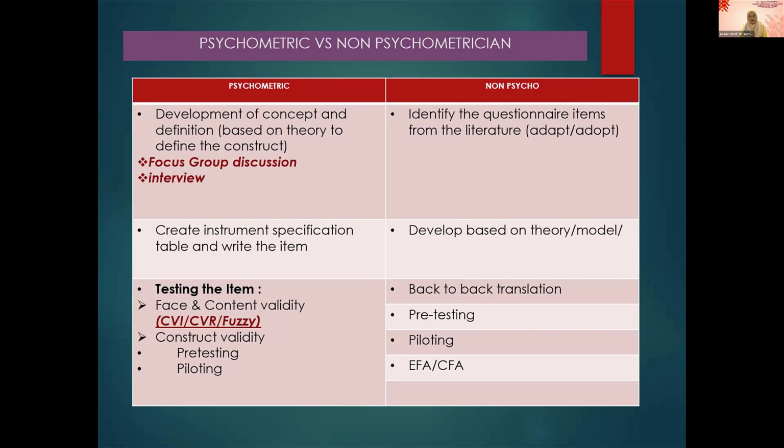And if you adopt and then translate into Malay or whatever language you want to use, you need to do back-to-back translation, pre-testing, and then piloting. For the piloting, you do EFA, exploratory factor analysis, and then you do the real study, your study field, and at that time you need to do CFA, confirmatory factor analysis. That one we call a full validation.